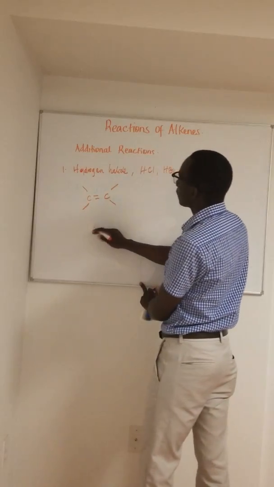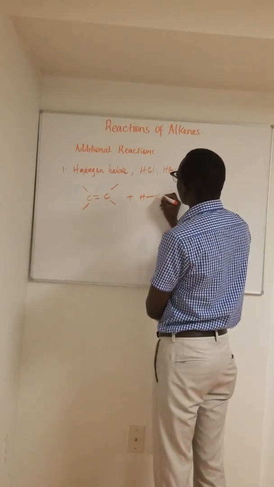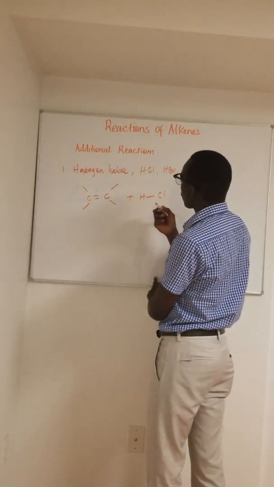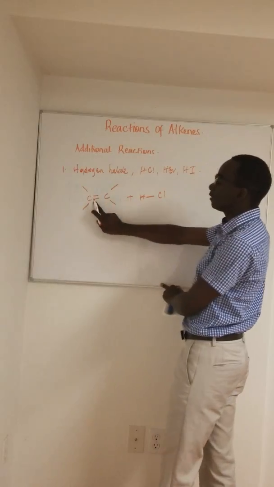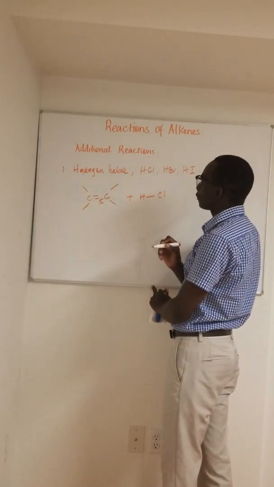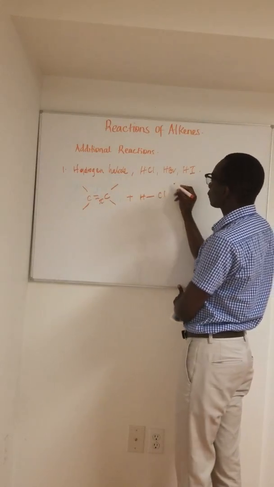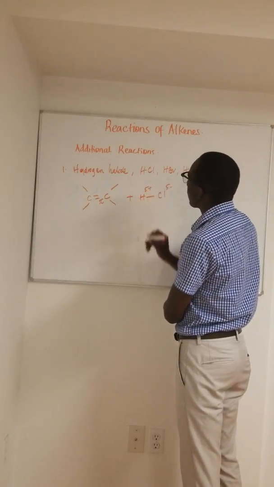if this is my alkene and I react it with a hydrogen halide, for example HCl, what we're going to have is that this pi bond has a number of electrons. So these electrons will attract this hydrogen. Remember, this bond is polar, so chlorine is more electronegative than hydrogen, so we shall have partial charges.